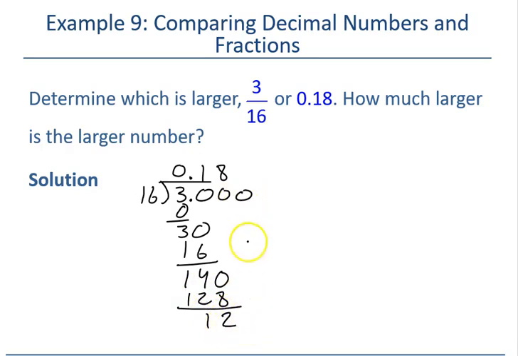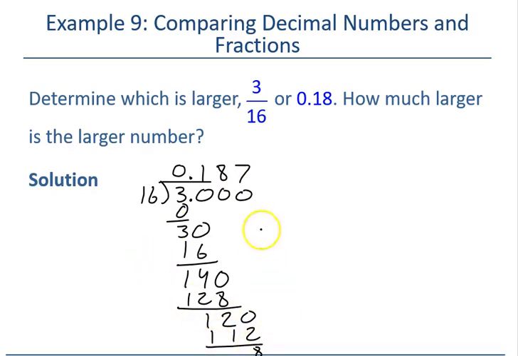Put another 0 here. I can come on down and put down 120. Well, 120 divided by 16 is going to give me a 7. 7 times 16 is going to give me 112. And then subtract that from 120, and I get an 8.